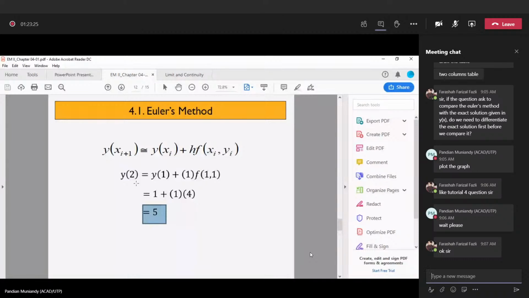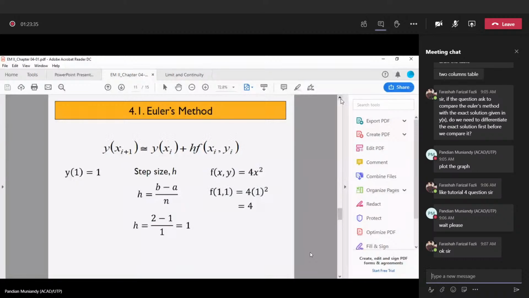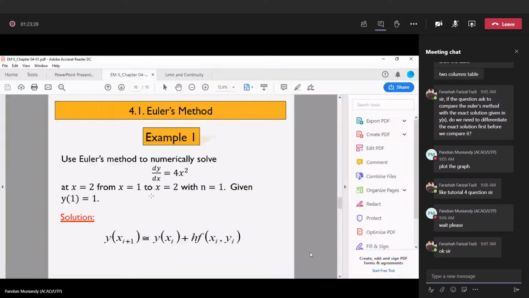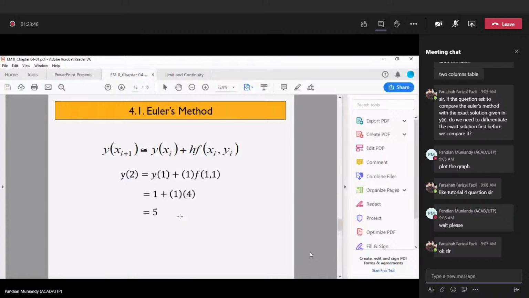What is y3? And so on. But in this case, we stop here because you are asked to find at x equals 2. So our answer is 5. That's all. Now class, when x2, y is 5. This is Euler's method.